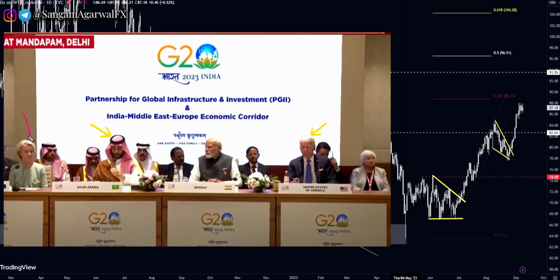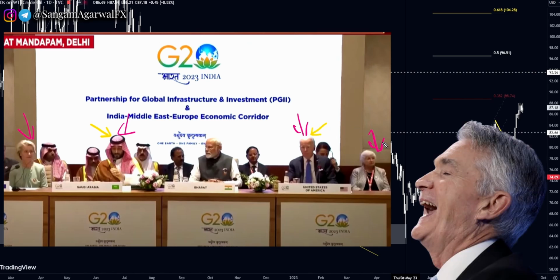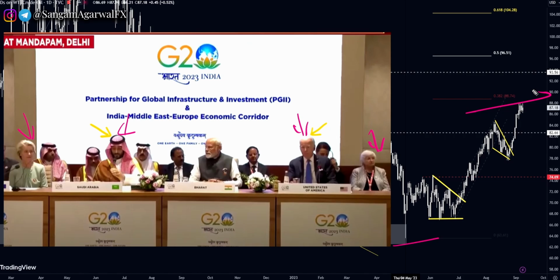And all the big powers who can control oil are busy in G20. Except Powell, everyone is there. And if you remember, after the Ukraine invasion, their oil price cap is working great. So they successfully managed oil price from 63 to the current price of 87.